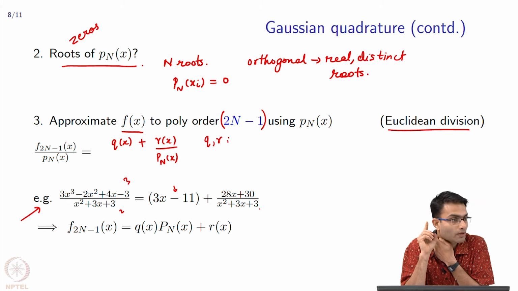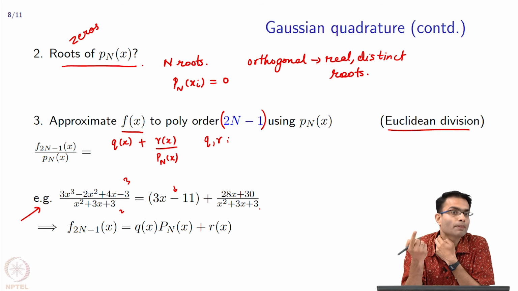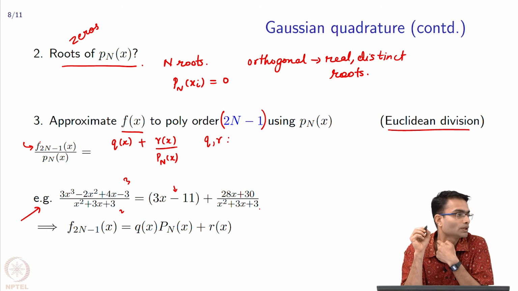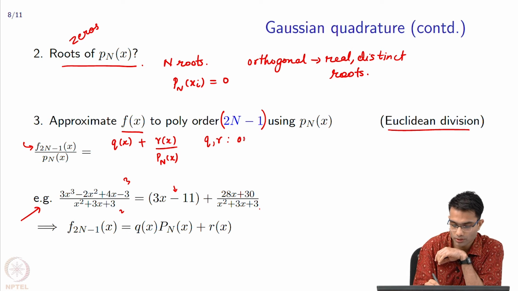But what is the special property of q(x) and r(x)? What will their order be? n minus 1 at most, because I have divided by a polynomial of order n and I want the function approximation to order 2n minus 1. So, q can at best be order n minus 1, order less than n.